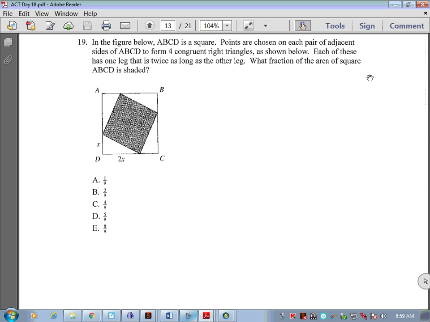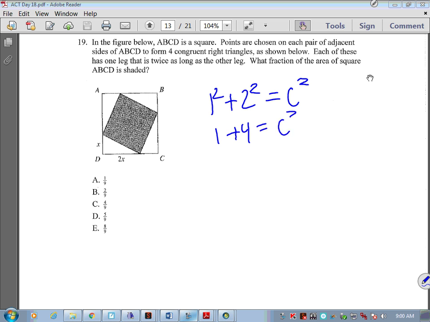So 1 squared plus 2 squared, because we know that 2x is twice x, equals c squared. We get 1 plus 4 equals c squared, so the square root of 5, essentially x.